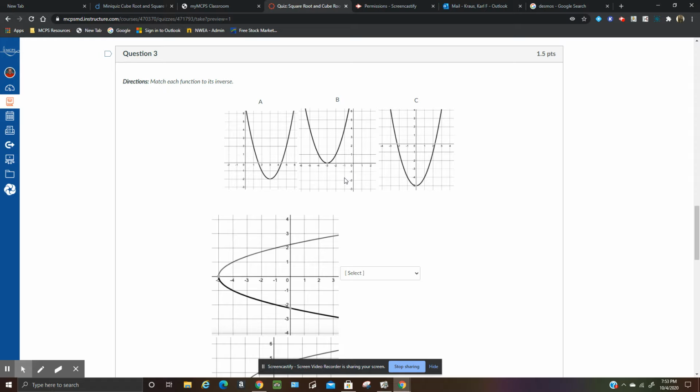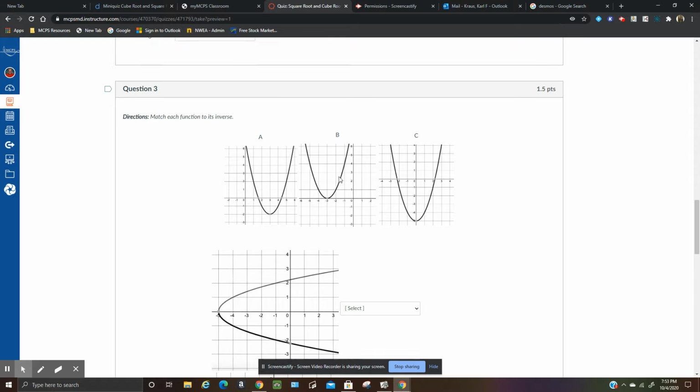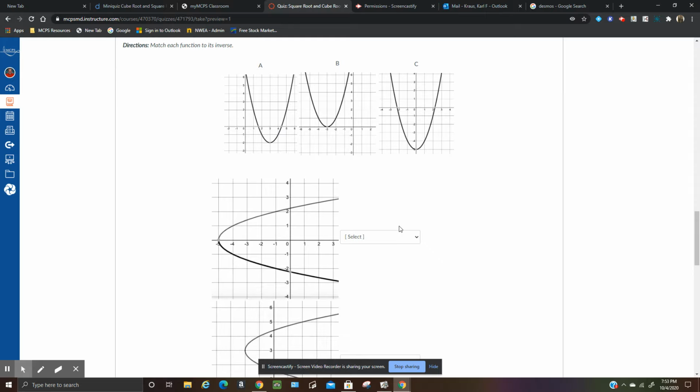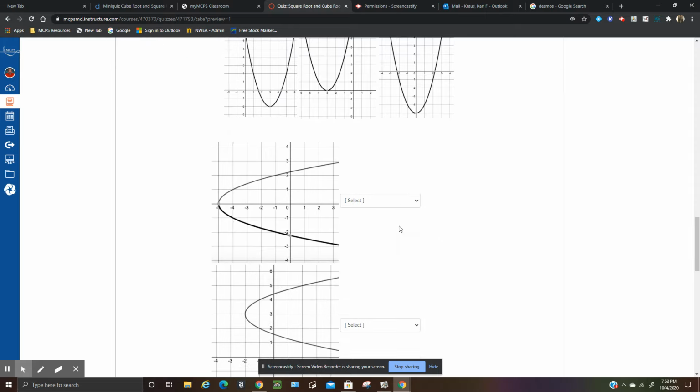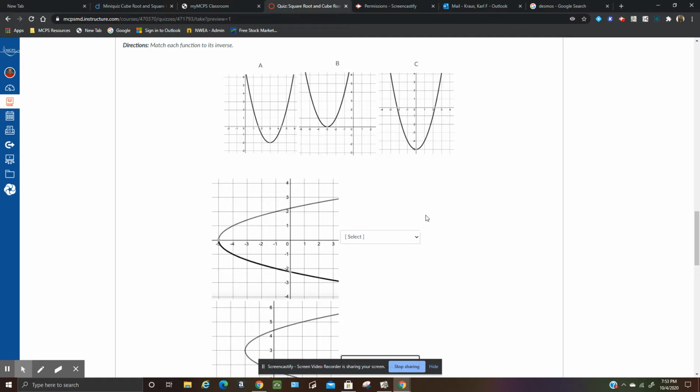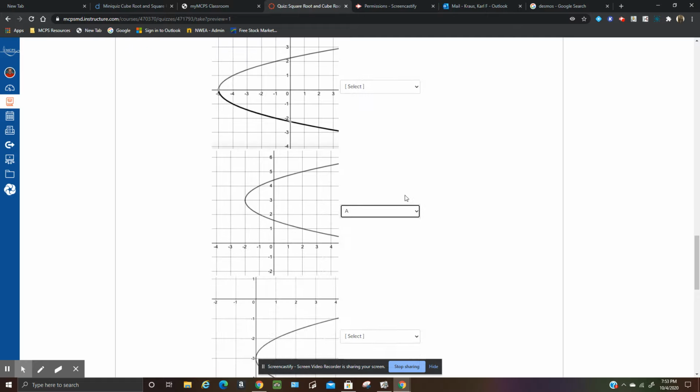All right, so match the function with its inverse. This vertex is at 3, -2, so I want to pick the parabola with vertex -2, 3. That's this one, so this is A. And then B, the vertex is at -3, 0, so I want to pick the one at 0, -3. That's this one.